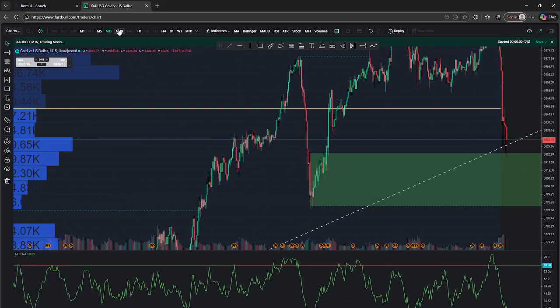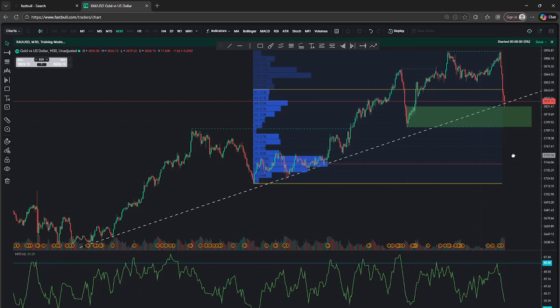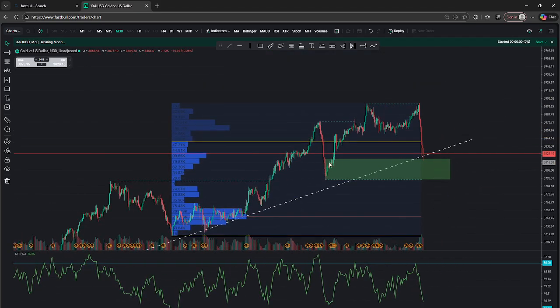So what do we have? We have the trend line, we have this order block, 1 hour, 30 minutes. So we have this kind of resistance that can tend to hold the market.